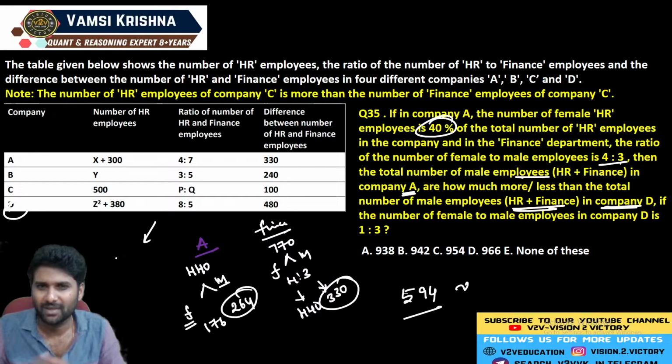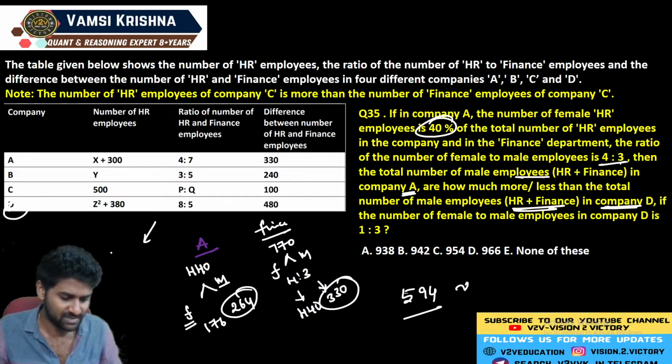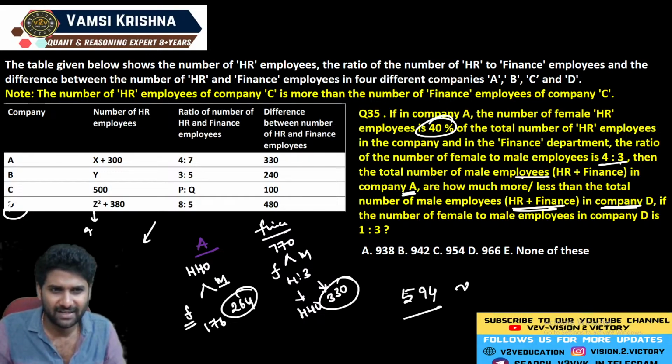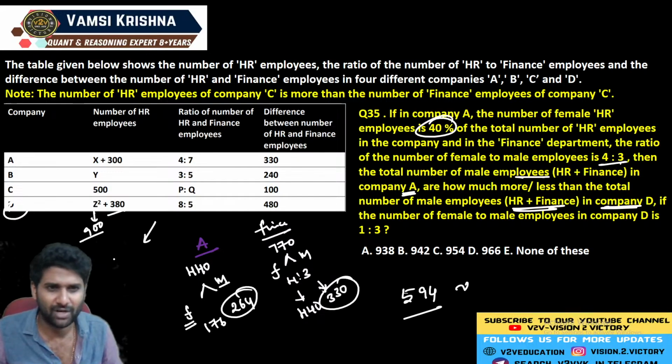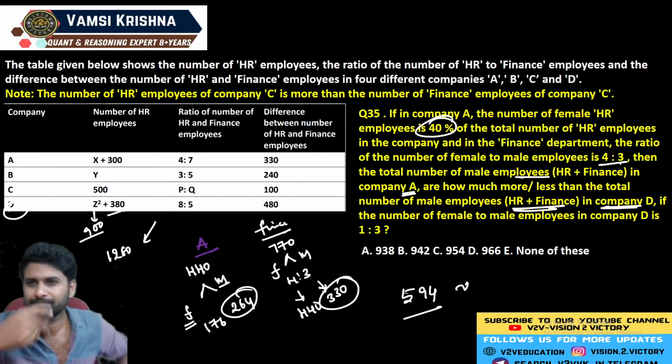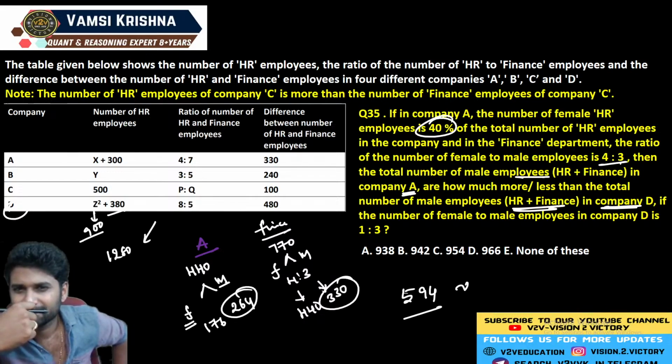Company D. If the ratio of female to male employees in company D is 1 is to 3. See, company D total how many people are there? Check it out. Total number of people is 900, right? So 900 plus 380, it's 1280.